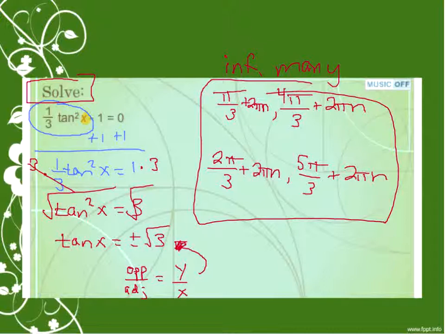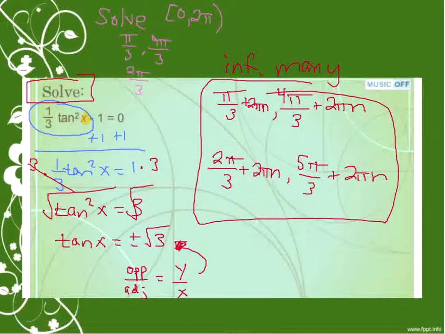So for instance, let's come back here. If I changed my directions, because I just want us to practice, and I said solve from 0 to 2 pi, you would have had 4 solutions only.